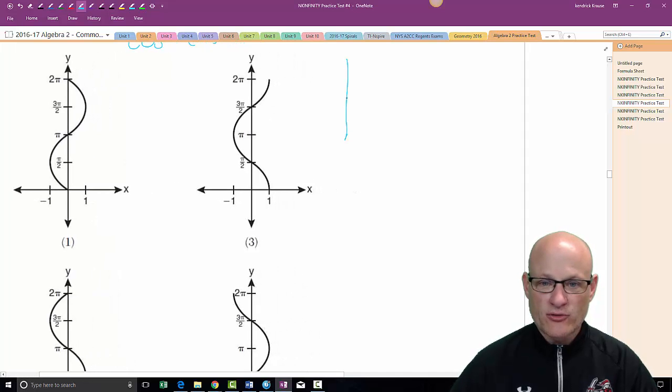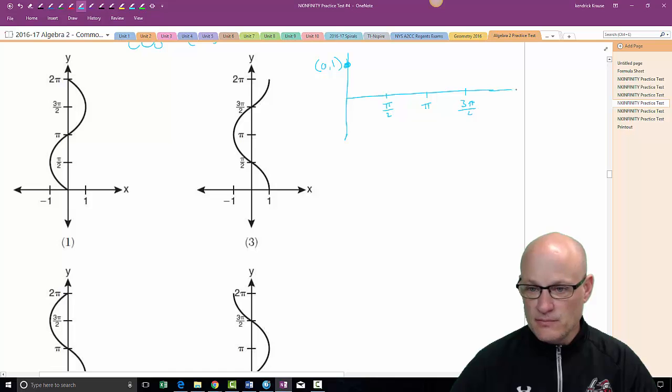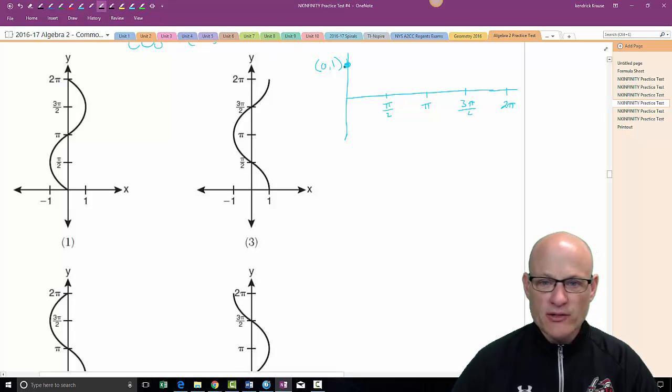So what I really think you ought to do is take a look. Let's go back and look at the cosine function. It goes to this point here, which is 0, 1. Pi over 2, pi, 3 pi over 2, and 2 pi. If you remember correctly, it's going to start here, end here, and have this here.